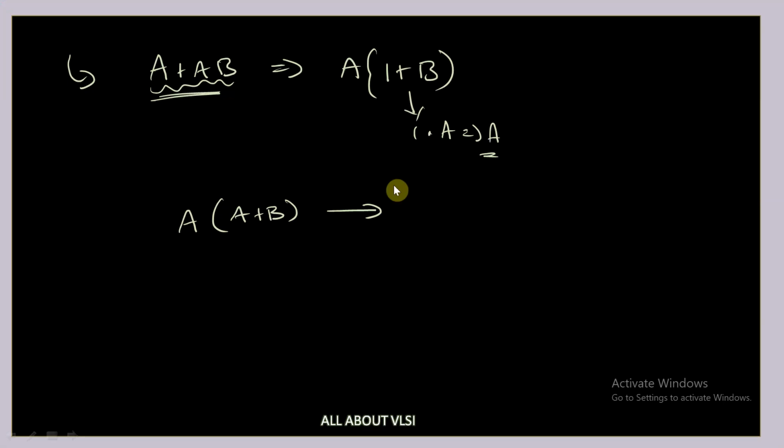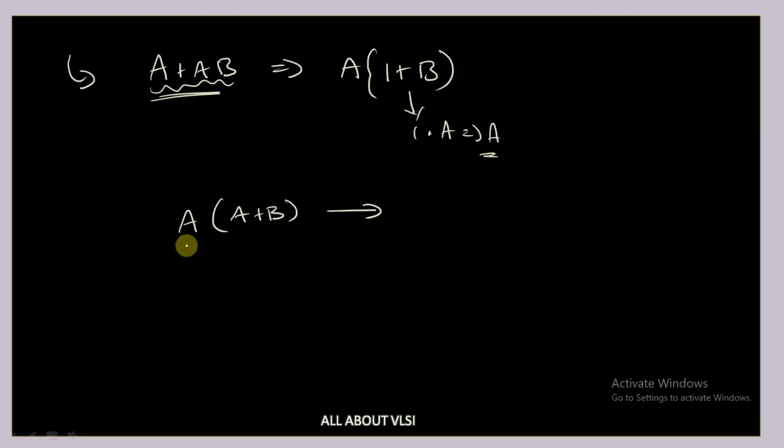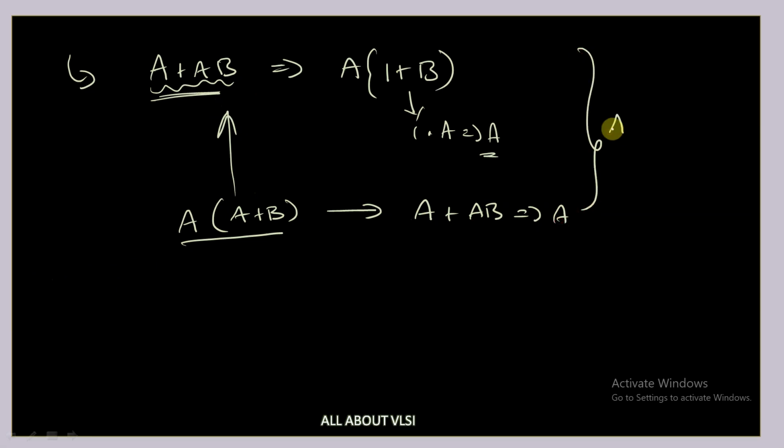A into A plus B. Exactly. If you multiply, you will get A plus AB, which is further simplified into A. So this is nothing but your absorption law.